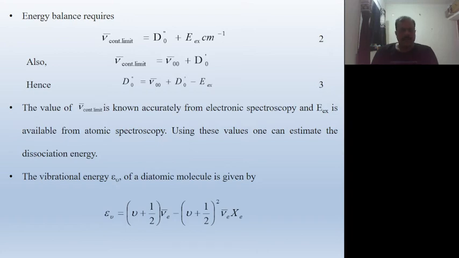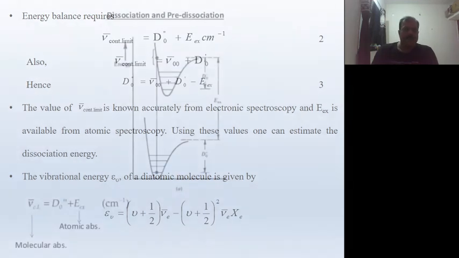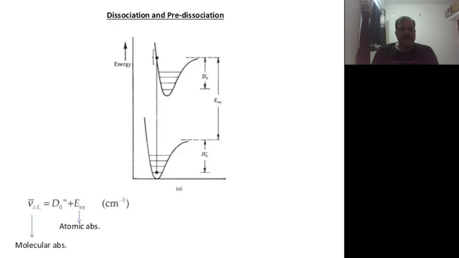The vibrational energy epsilon nu of a diatomic molecule is given by epsilon nu is equal to nu plus half nu bar e minus nu plus half square nu bar e into Xe. The energy will increase in this manner. This is the diagram we have already shown.